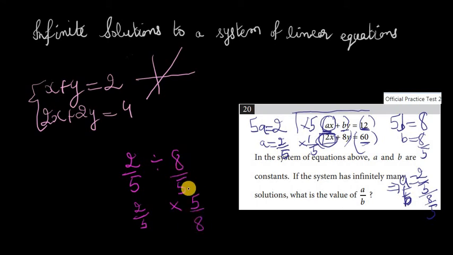I just reciprocated this term, and now these 5s cancel out, and I am left with 2 over 8, which I can simplify further to 1 over 4, and that's my answer.